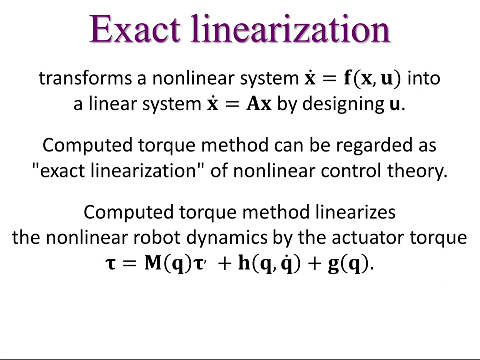This brings the system dynamics closer to linear. Furthermore, in the computed torque method, a new virtual input, tau dash, is set, and the coordinate of the new input is converted using the inertia matrix M.